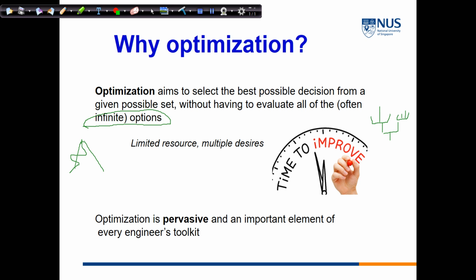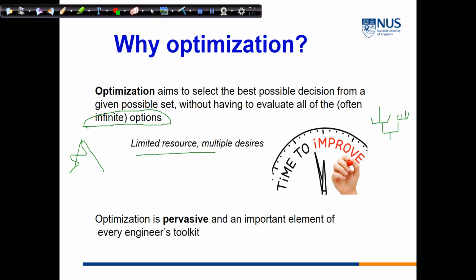Especially nowadays in industry or daily life, you've got limited resources, but multiple desires. So now the world has decreasing resources. Like for the young generation, the environment is no longer that abundant, that rich for us to do whatever we want to develop.